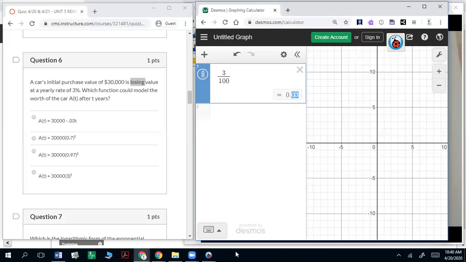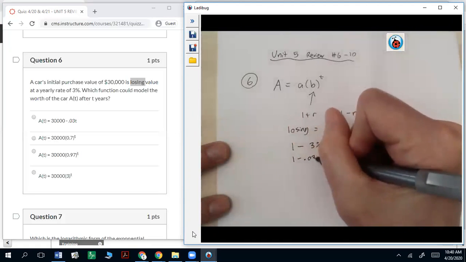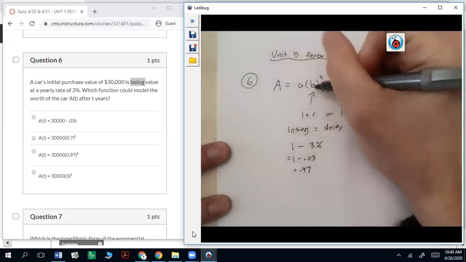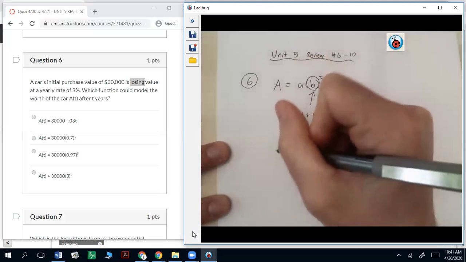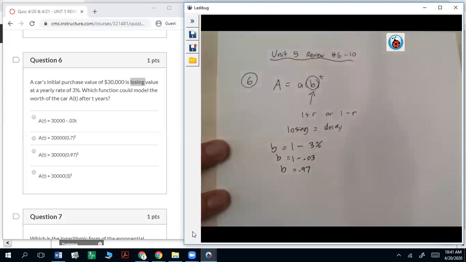So we want to do 1 minus 0.03, and that'll give you 0.97. So that's going to be your base. So it's going to be the one with 0.97 in it.